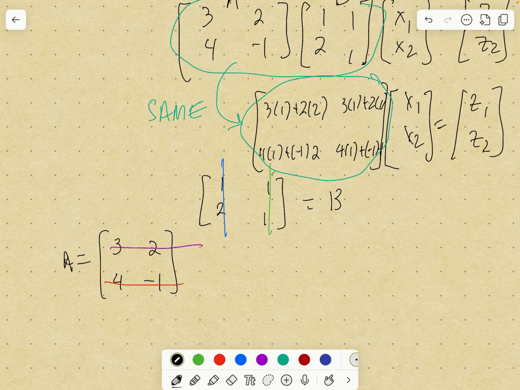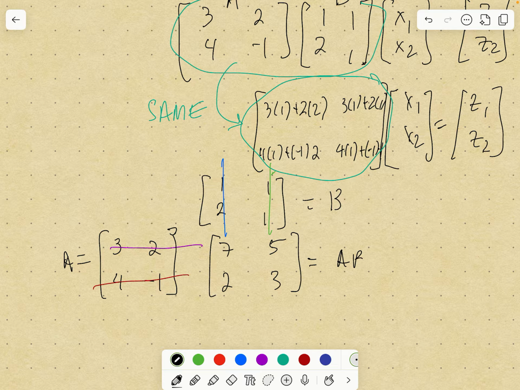So 3 times 1 plus 2 times 2 is 7, and 3 times 1 plus 2 times 1 is 5. Then 4 times 1 plus negative 1 times 2 is 2, and 4 times 1 plus negative 1 times 1 is 3. So this would be the product AB.